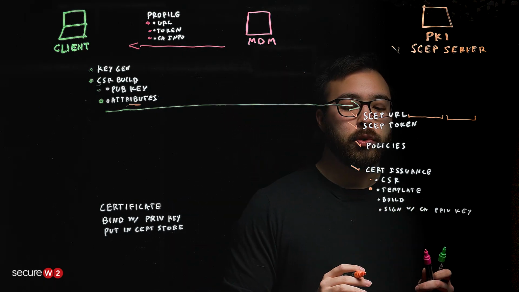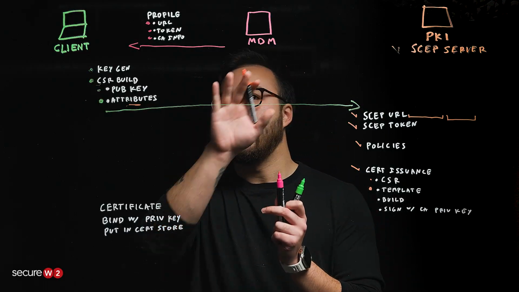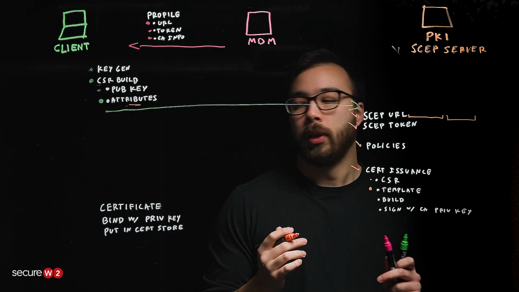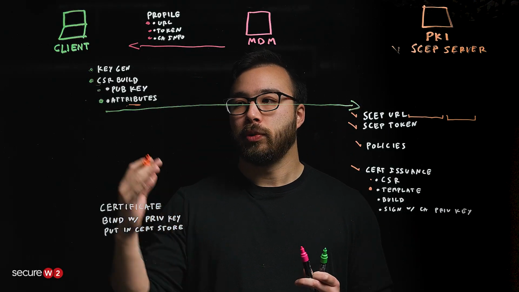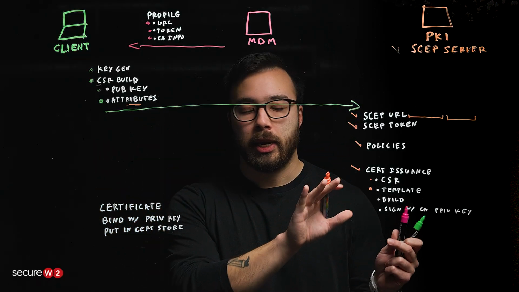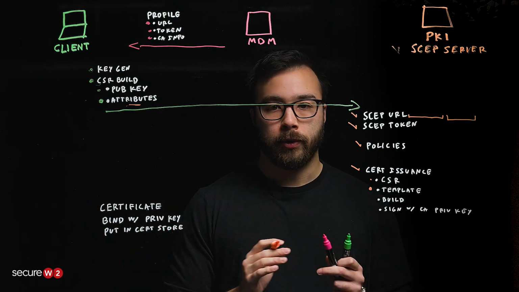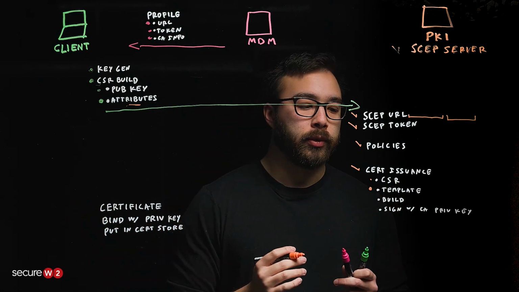Usually the template was dictated by what's in the SCEP profile. What that means is we're going to take maybe the device serial number and put that in the SAN DNS, and we're going to put the user email in the UPN field. We might do some other things.